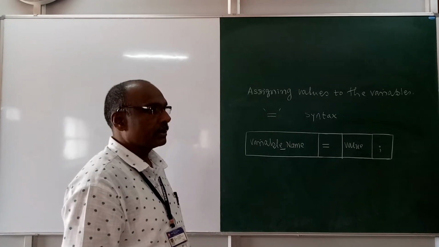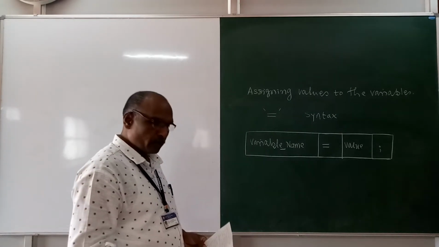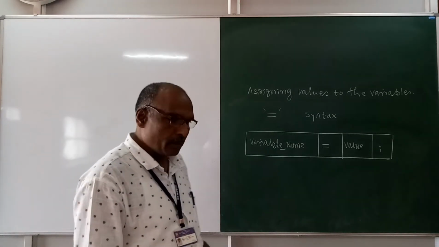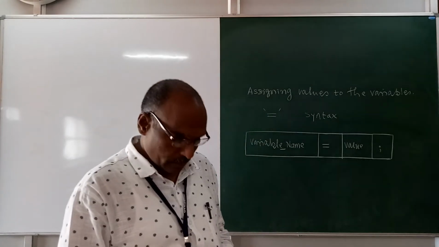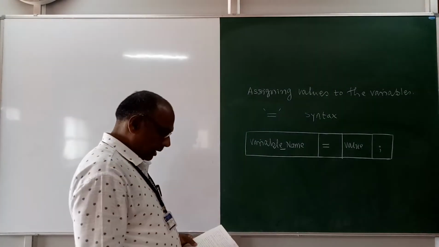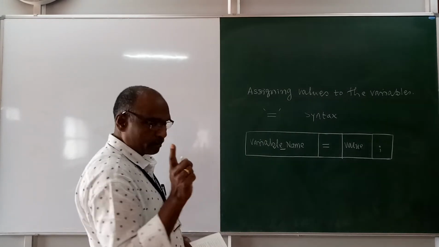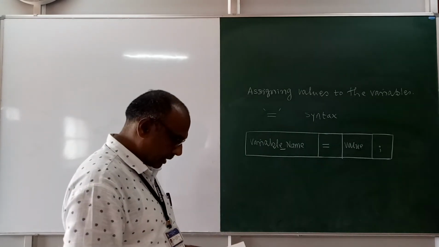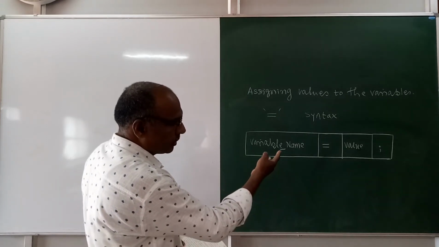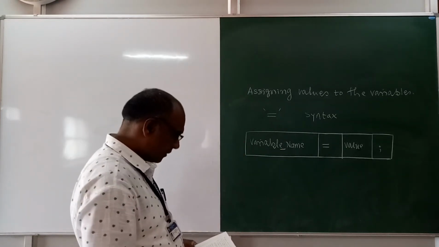When we do that, the initialization will have a variable name, an equal sign, an appropriate number here, and the data type. That is the difference. And finally, we have a semicolon.